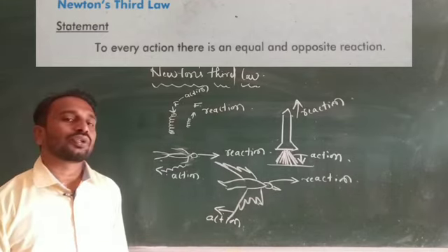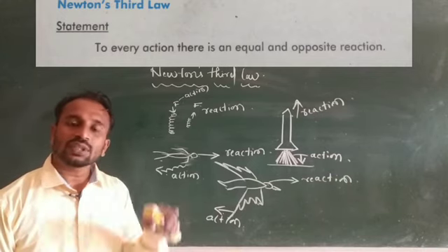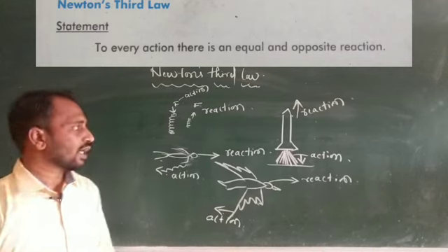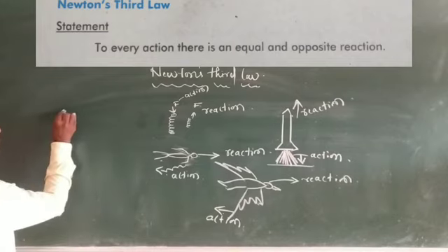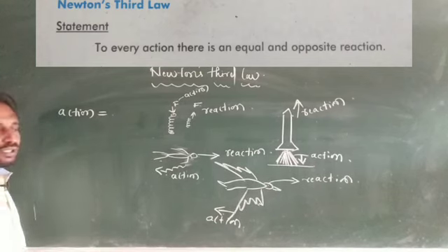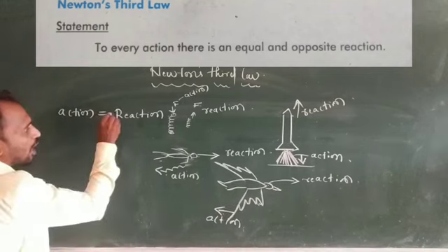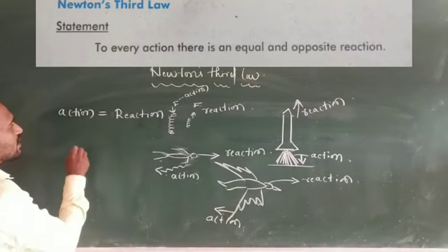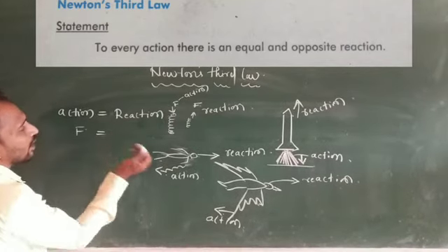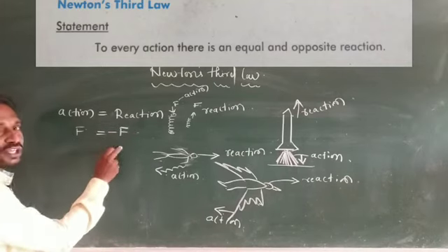So Newton's third law: for every action there is an equal and opposite reaction. The action is equal to the reaction but opposite in direction. The applied force is the action, and the force in the opposite direction is the reaction.